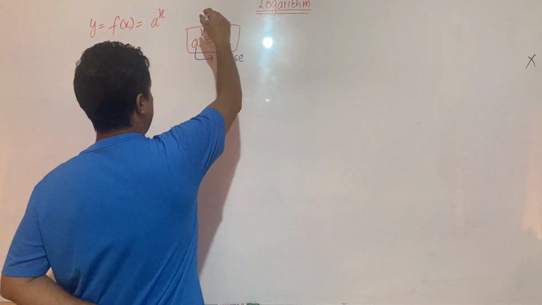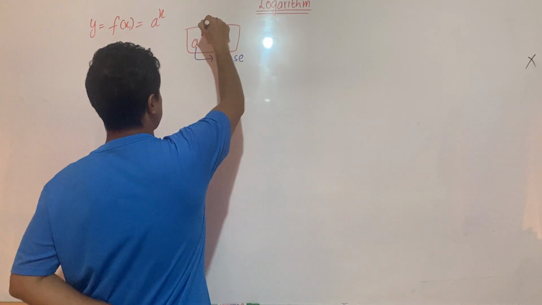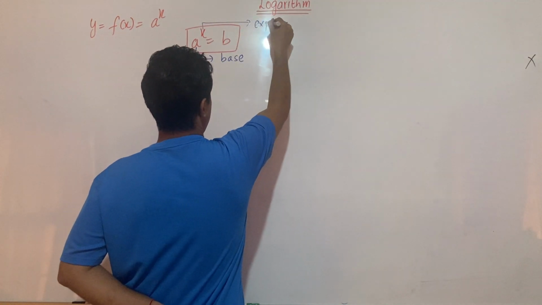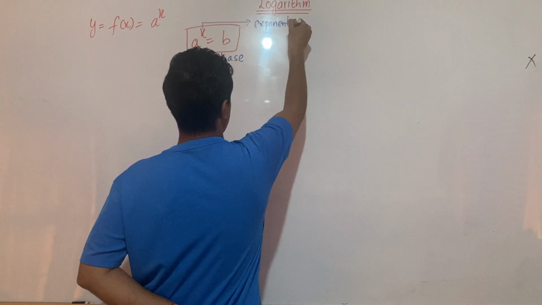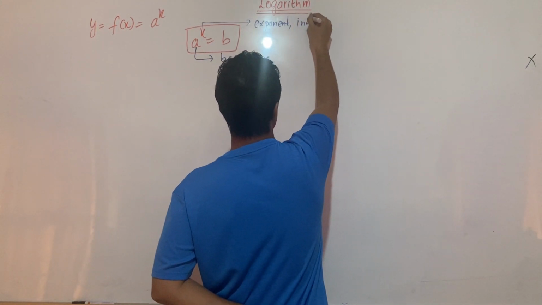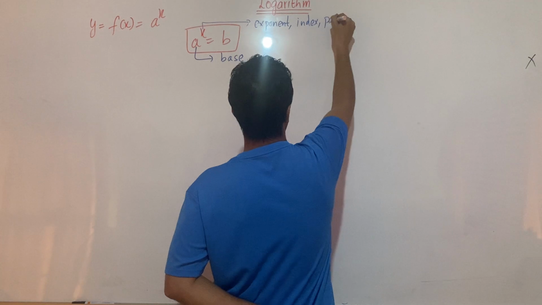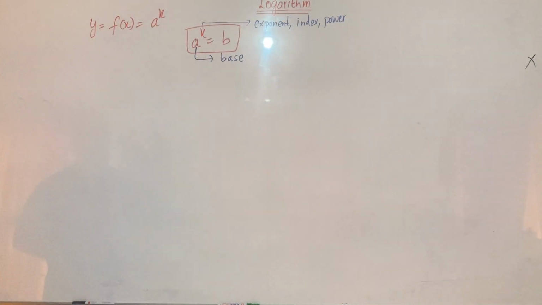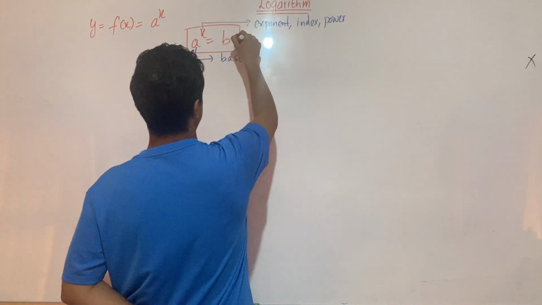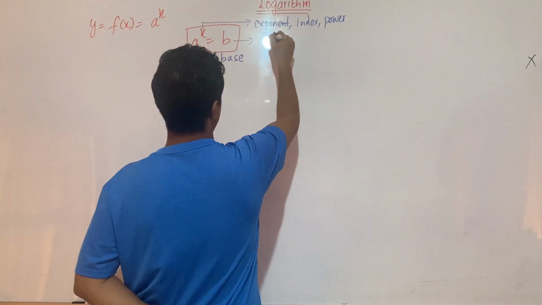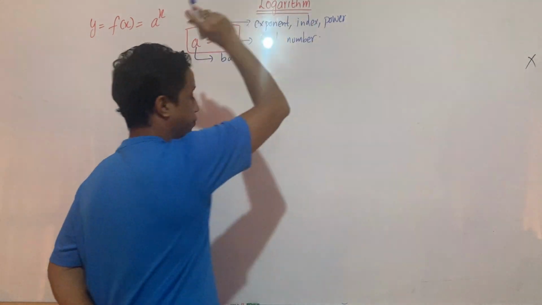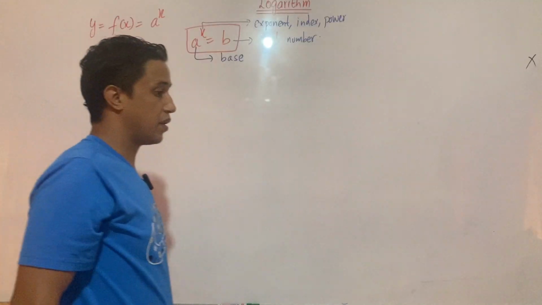And x represents the exponent or index or power, right? And this b represents the real number, right?